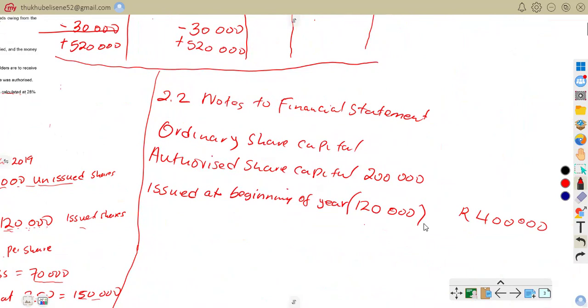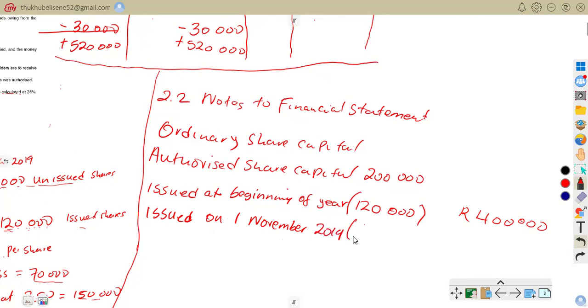So now we move on to the shares issued on 1 November 2019.